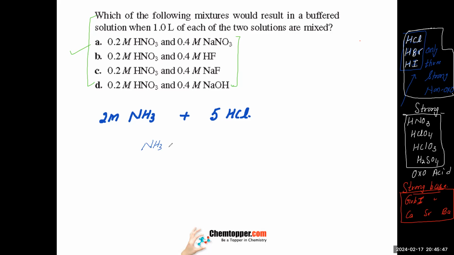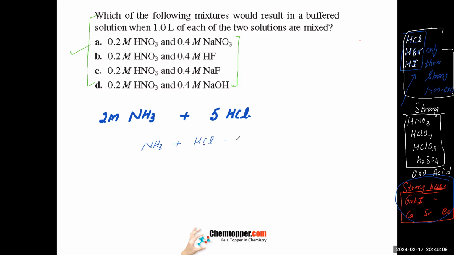Ammonia is a weak base or strong base? Remember, strong bases are already written here. It's a weak base. Very good. So, ammonia is a weak base and HCl is a strong acid.